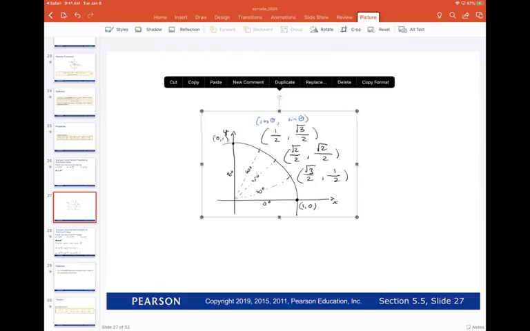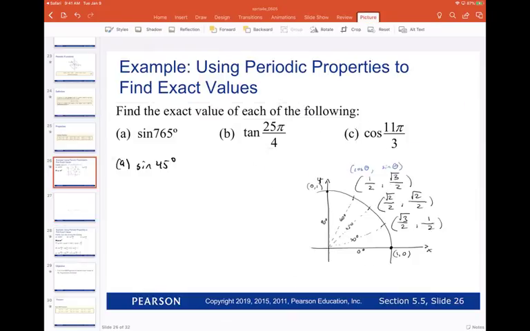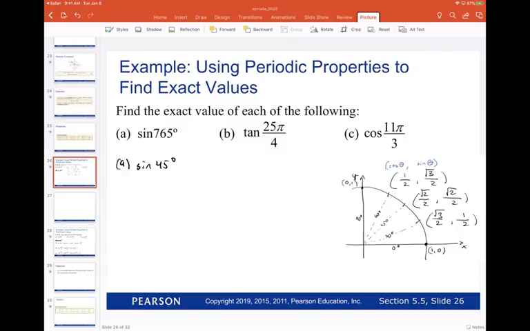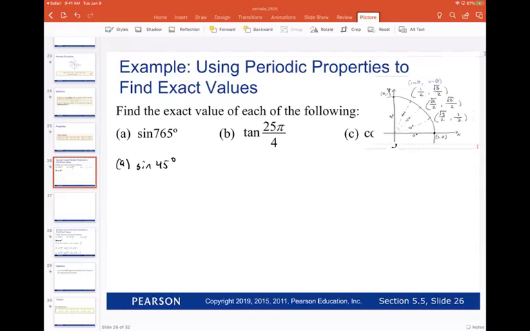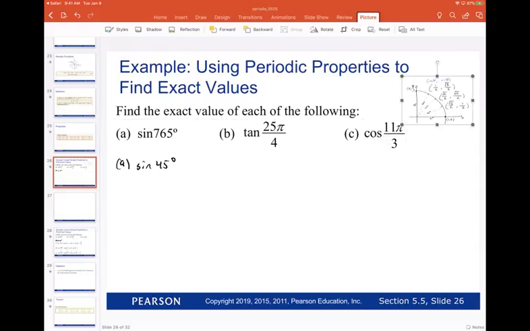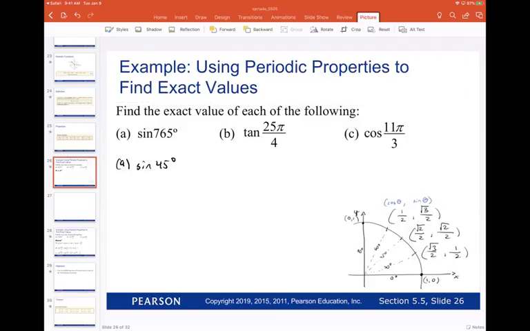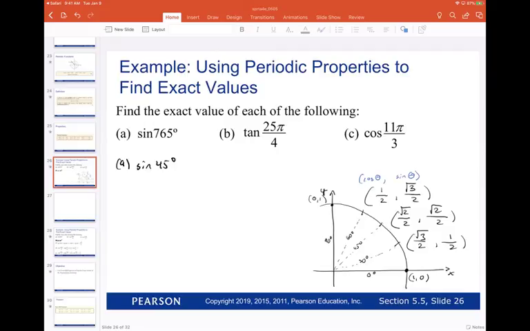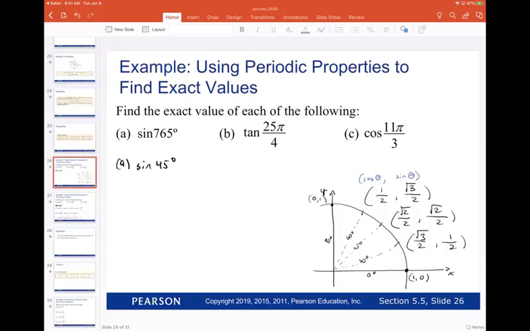Cut, paste. I want to keep it in the upper right hand corner here for a reference. Hopefully that's not too small. We'll just do the best we can with the space. I'm going to delete this slide. Okay. So back here.